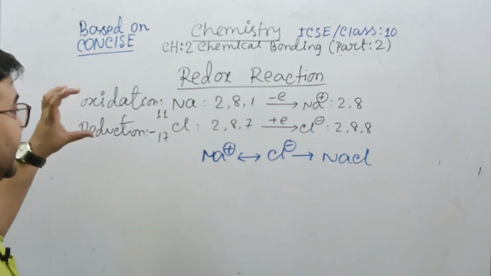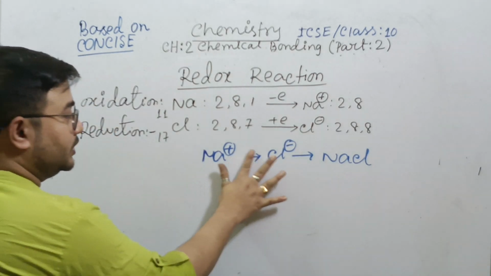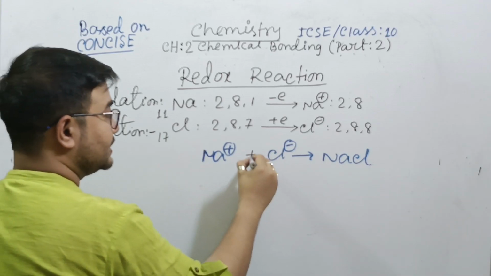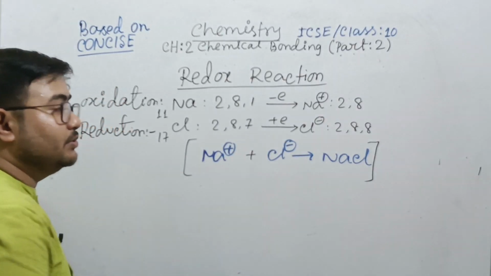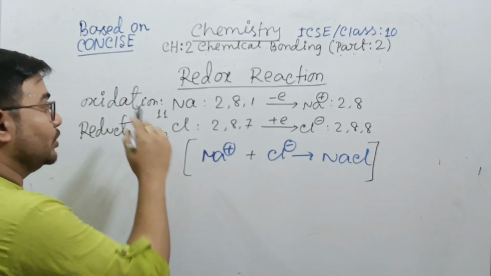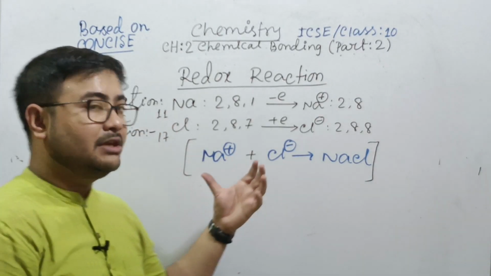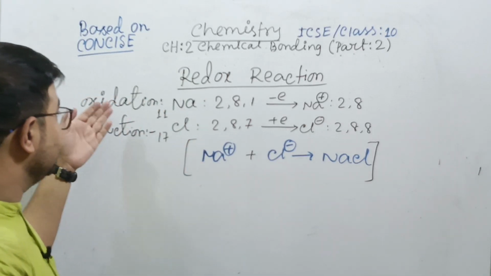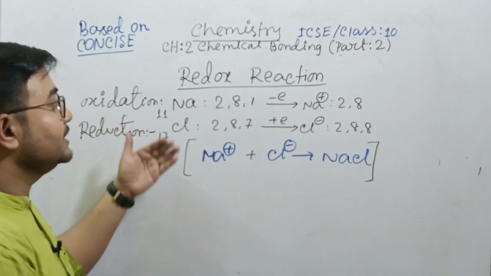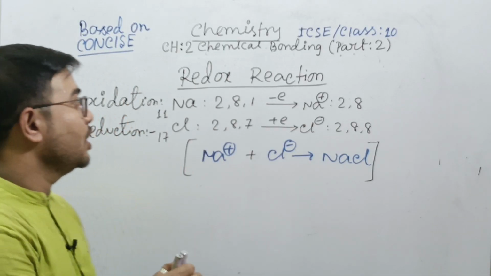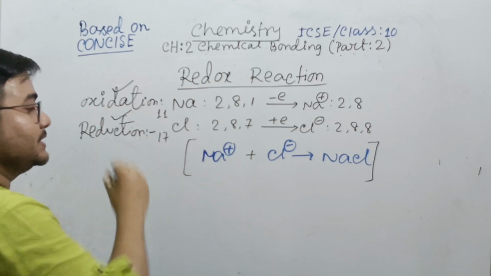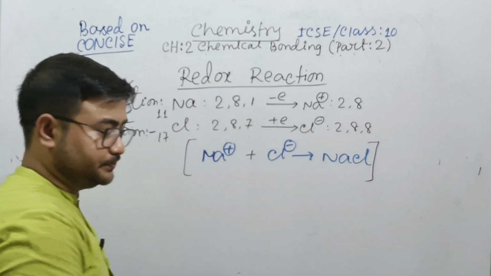So if in any reaction both oxidation and reduction take place, it is called a redox reaction. Do you understand? So redox means both oxidation as well as reduction. Understand? Okay.